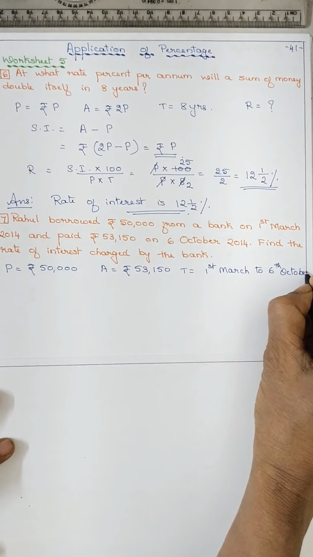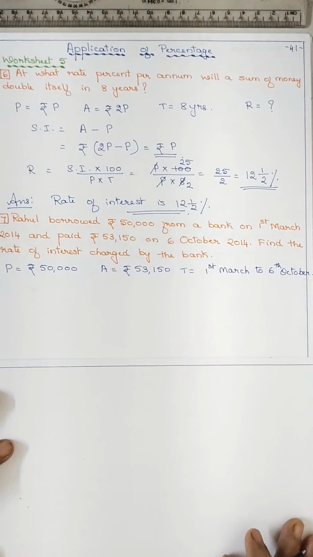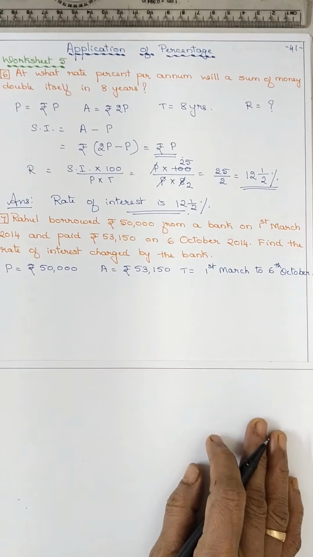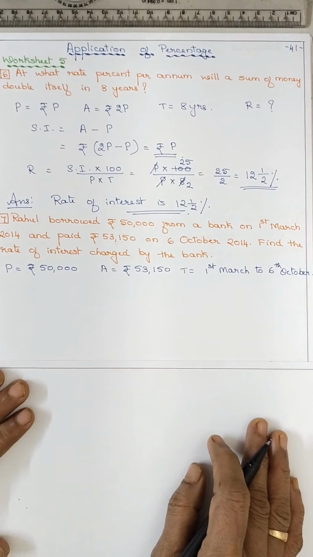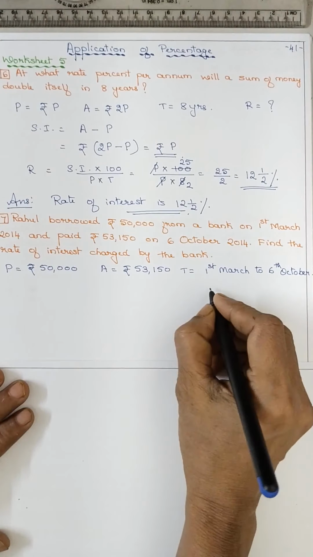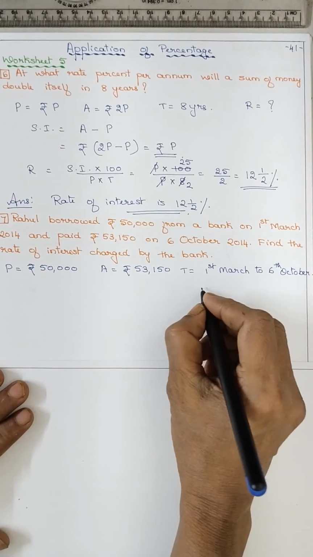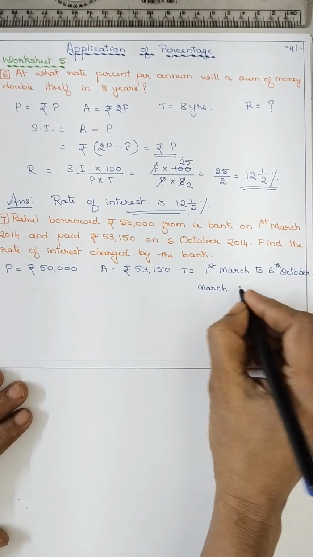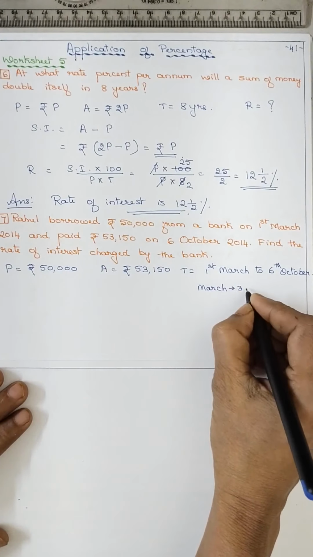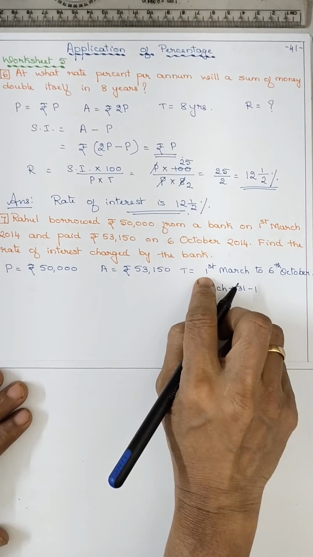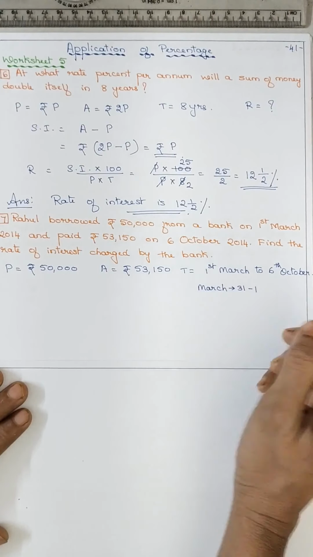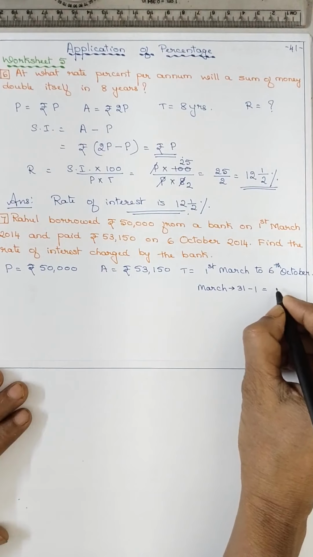Now you have to find out the number of days. That is a lengthy sum, isn't it? Okay, now start from March. How many days? 31. So 31 minus 1, since the first date is given. So 31 minus 1, that is 30 days.